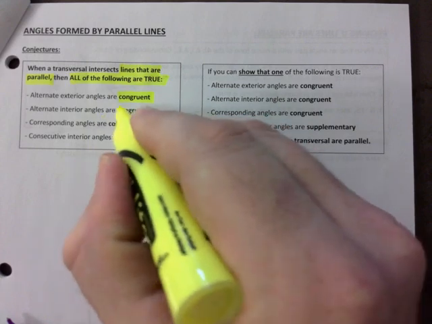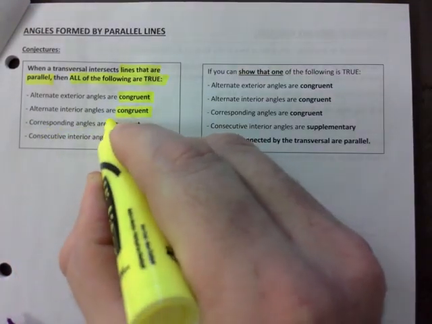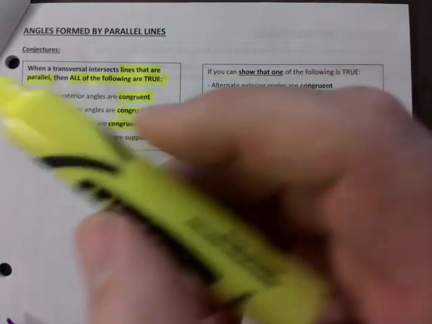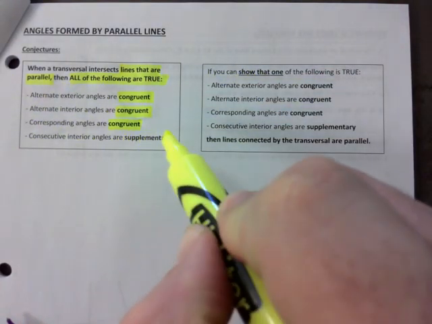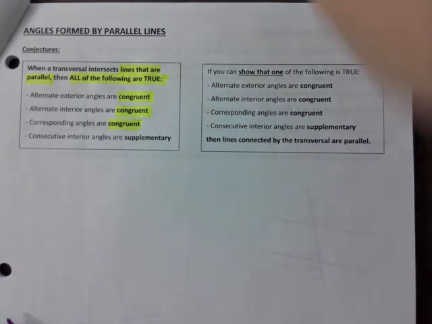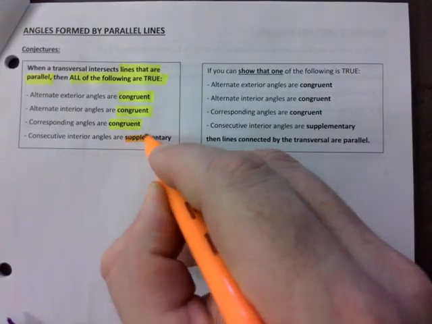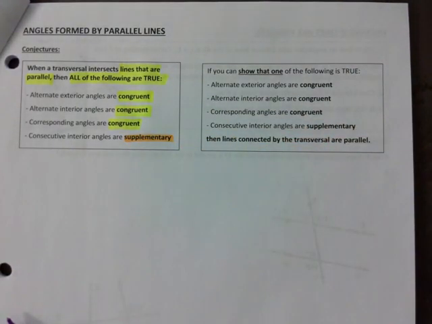Alternate interior angles are congruent. Corresponding angles are congruent. Consecutive interior angles are congruent. Oh, wait a minute. Supplementary, right? So you need to remember that. These are congruent, but the last one is supplementary. They add up to 180.